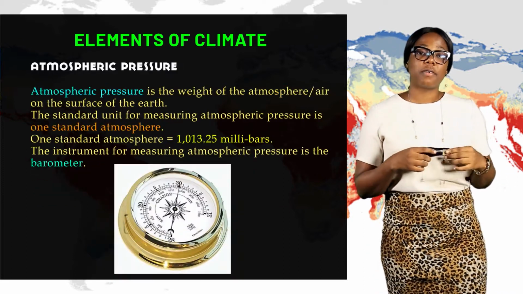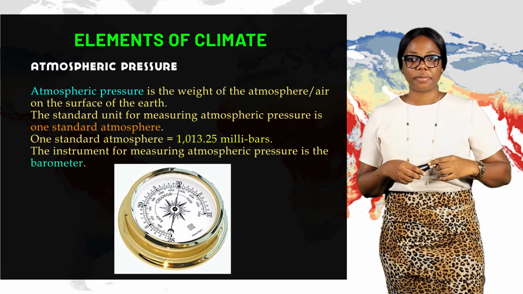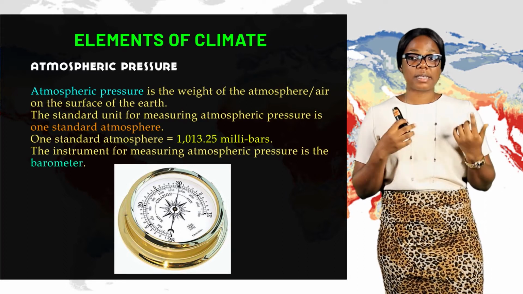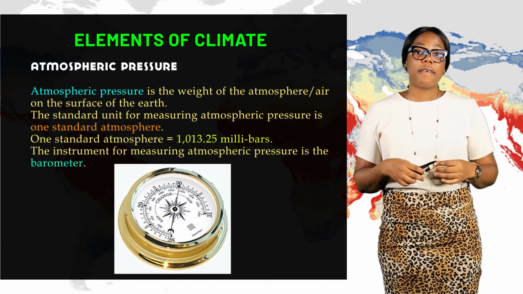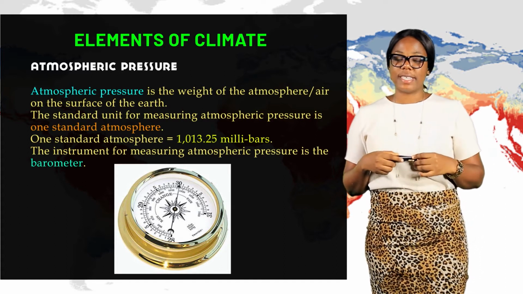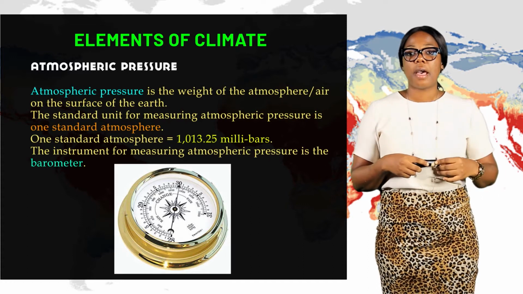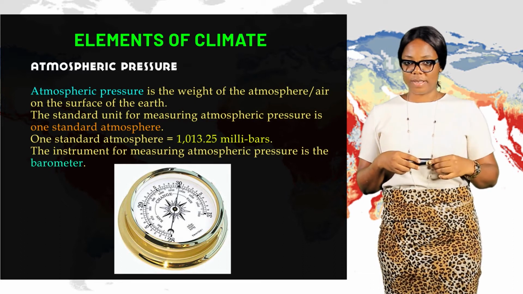The last element of climate we'll be taking a look at in this class is atmospheric pressure. What is atmospheric pressure? It is simply the weight of the atmosphere or the air on the surface of the earth. If the atmospheric pressure of a region is high, it brings cool temperatures and clear skies. But if it is low, it brings rainstorms and windstorms.